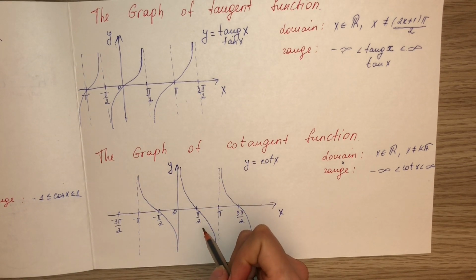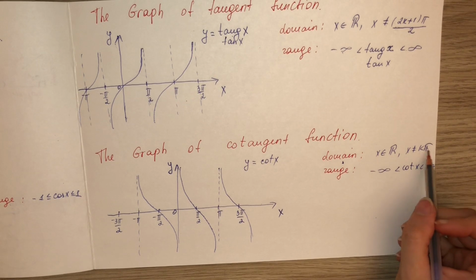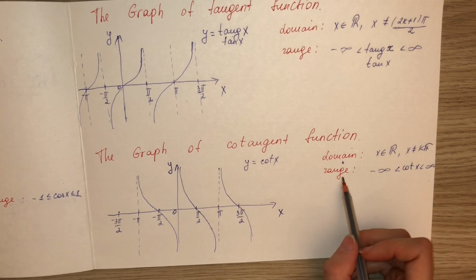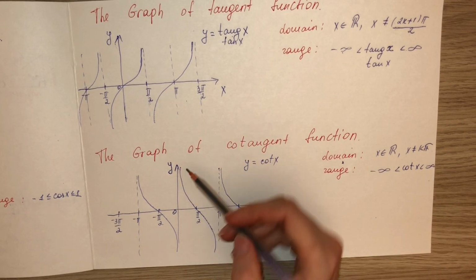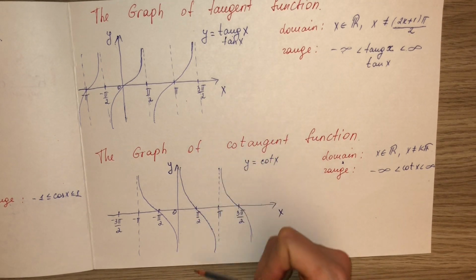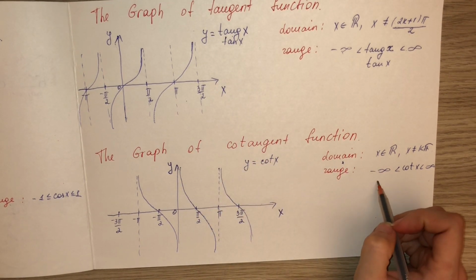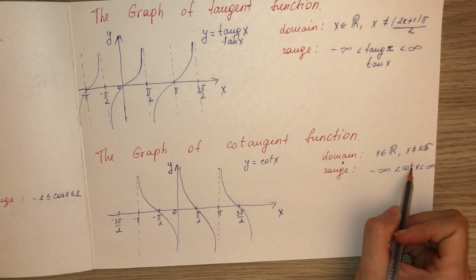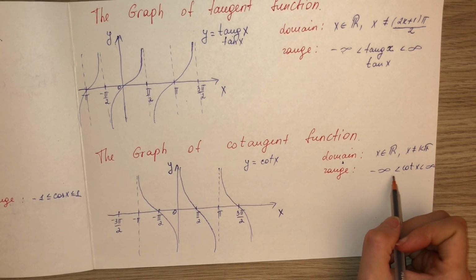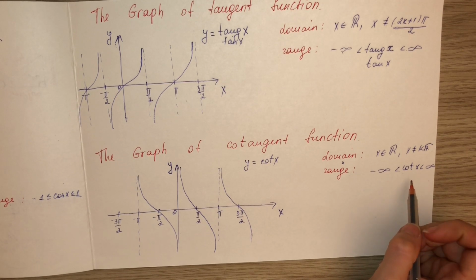The point x never gets k times pi, but the range can be all points on y. It means that the range of cotangent x is between negative and positive infinity.